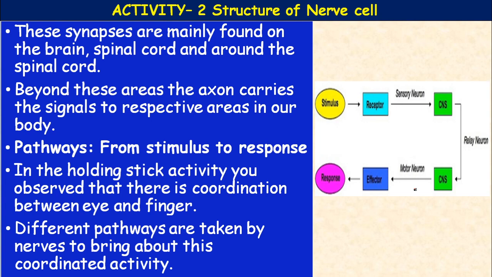So the information generated in the central nervous system is carried by the motor neuron to the effector organ. That effector organ may be a gland or muscle or any organ. So immediately the organ will respond. That's why when the scale is pulled by somebody, we try to hold it very tightly. So that is the response.